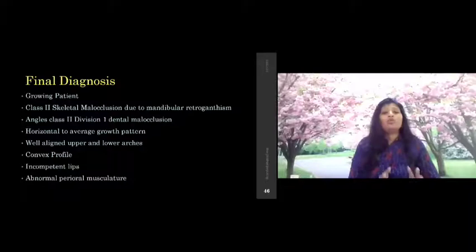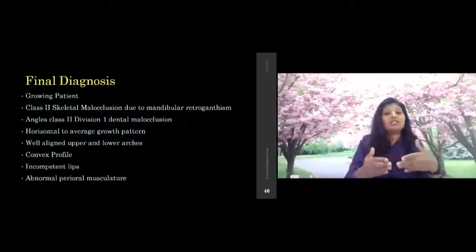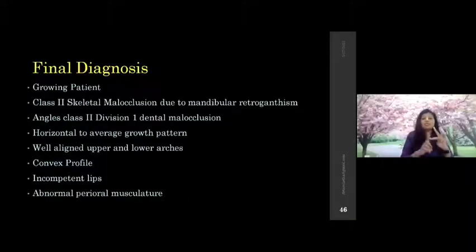So what could be the final diagnosis? After diagnosing everything, you should be having these criteria to give the twin block. The patient obviously should be growing, yes. The patient should be having skeletal class 2 malocclusion due to mandibular retrognathism, yes. And then you should have Angle's class 2 division 1 malocclusion, which is there in the selection criteria already. And for a good prognosis, you should have an average to horizontally growing mandible.